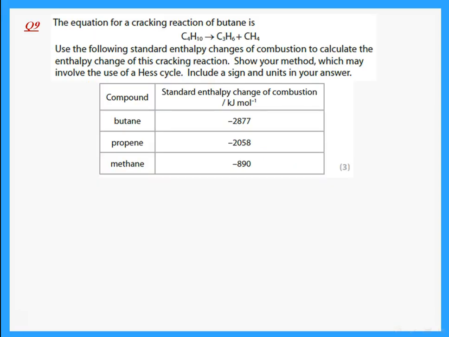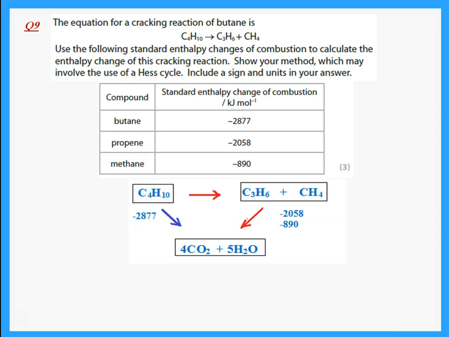Okay, this one says the equation for cracking reaction of butane is this. Use the standard enthalpy changes of combustion to calculate the enthalpy change for this reaction. So remember, if I write this reaction, I have C4H10 to give C3H6 plus CH4. We said if he gives me information about the standard enthalpy change of combustion, that means I burn C4H10, it gives something.